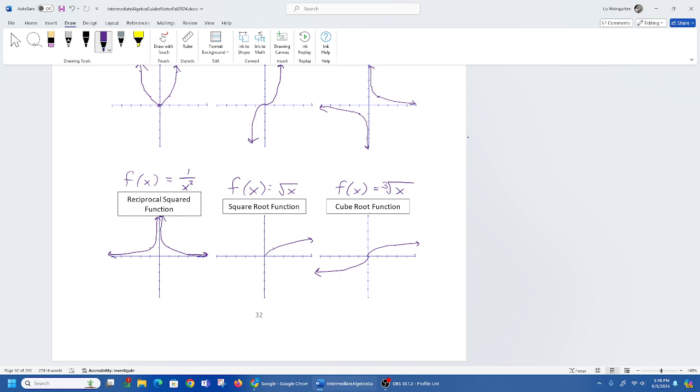You can see we went to the left of the y-axis here. This is just the cube function on its side. Because we're not having any issues with the vertical line test here, we do not have to restrict the domain for the cubed root function. So just be sure that you're aware of what each of these functions look like. Again, be sure to graph these in Desmos to get a better representation, because you will be having to graph them in the assignment.